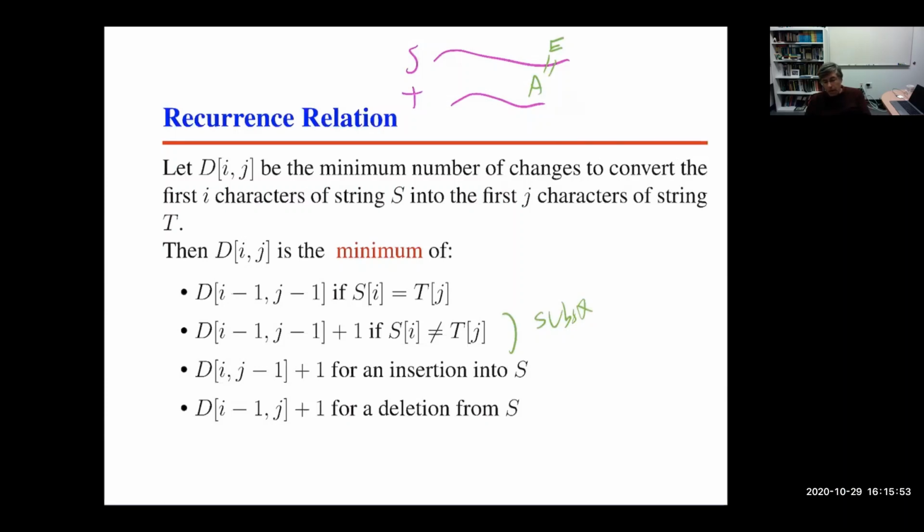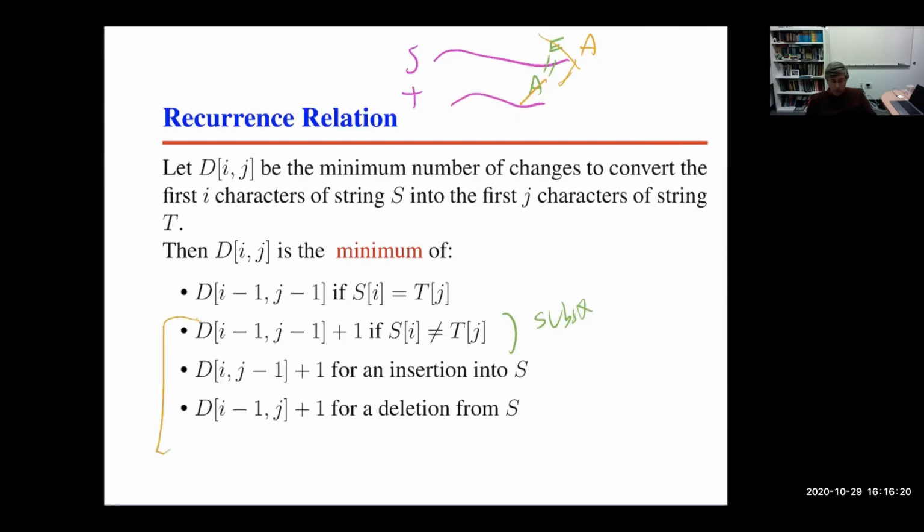Or maybe I will delete the last character from X. Or I will choose to insert an A into X as the last character of X, so that it now matches the last character of T. Those are the only three things that can happen.